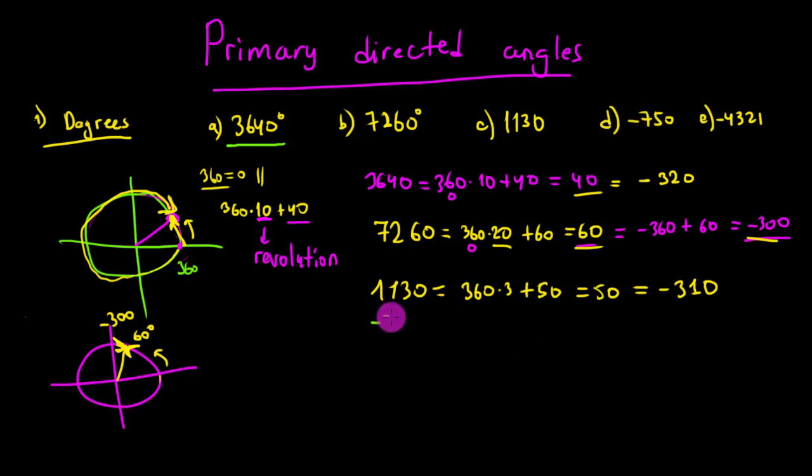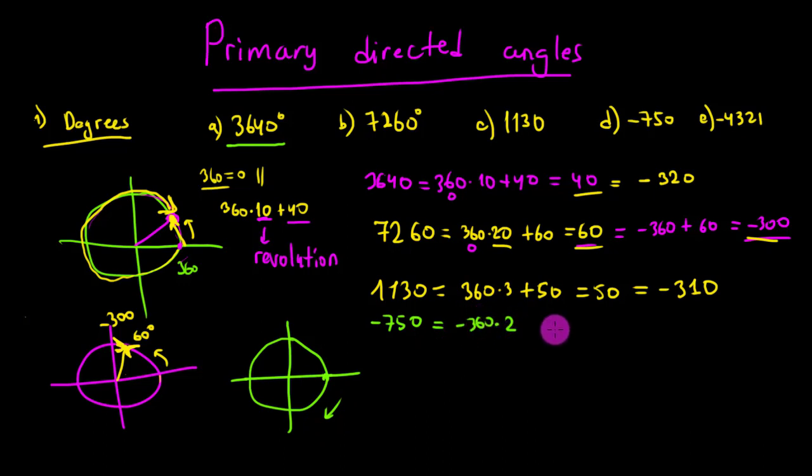So this one is minus 750. So what is this like? The same idea, but here, remember, if the angle is negative, you will move in the clockwise direction. So it makes 2 revolutions here, and then you have minus 30.